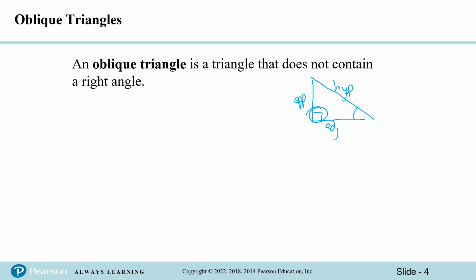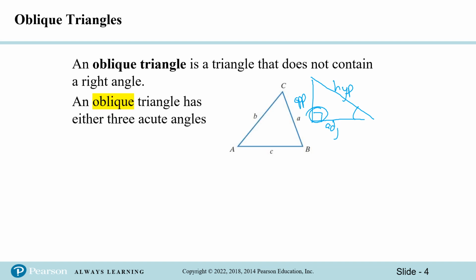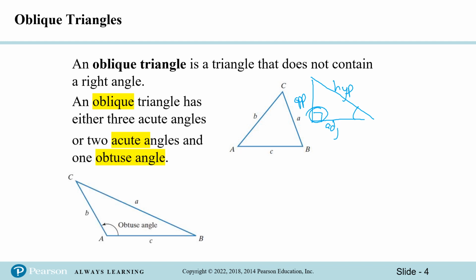Okay, so how do we use trig to solve oblique triangles? We use either the law of sines or the law of cosines. Here is an example of an oblique triangle: it has 3 acute angles, or you could have 1 obtuse angle and 2 acute.